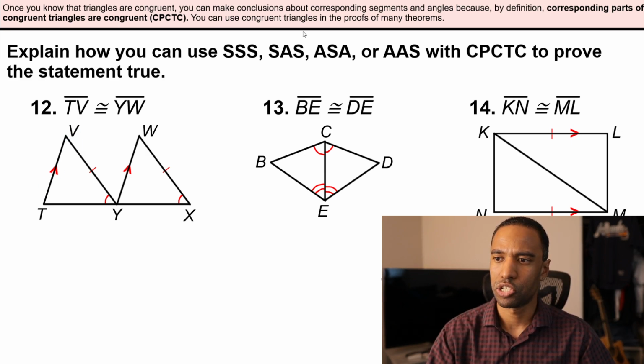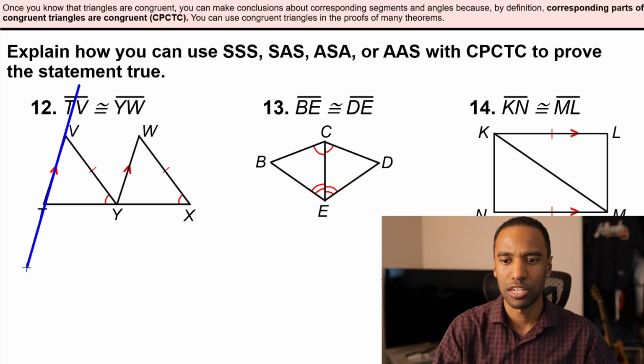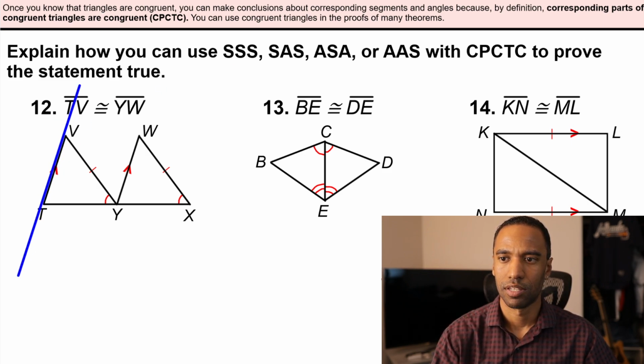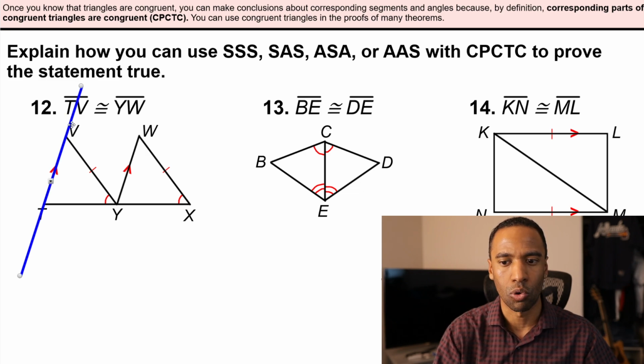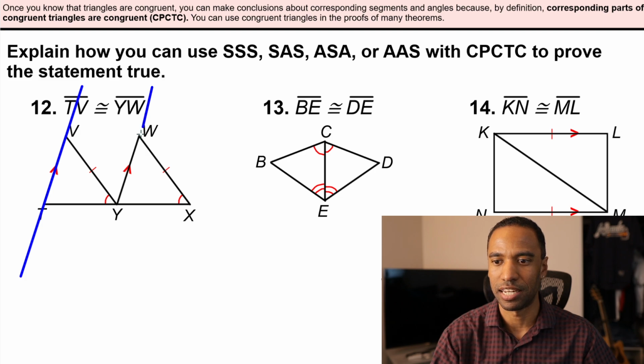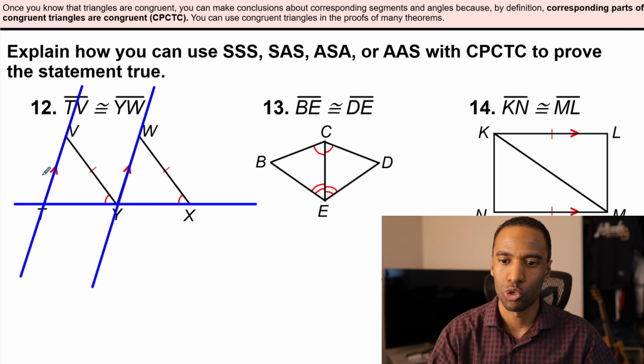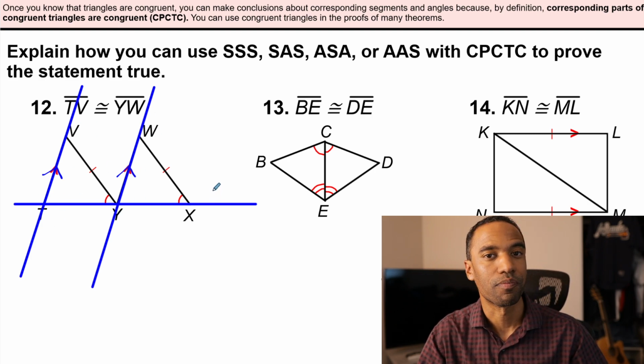Let me extend this just to give you a little bit of perception, guys, because this is a tough thing for people to notice. Can you tell? You're going to have to look very hard at only what's in blue for a moment. Can you tell that with that line extended, and this line extended, that you indeed have two parallel lines cut by a transversal?